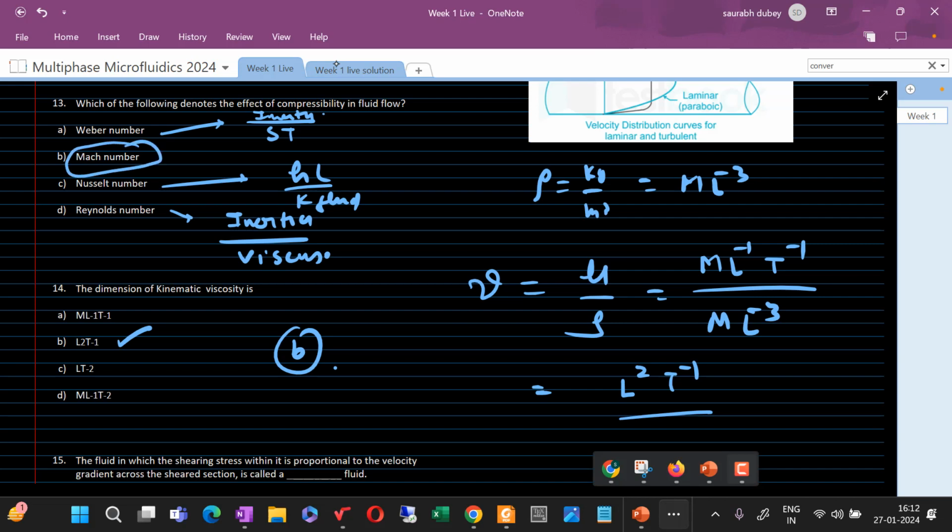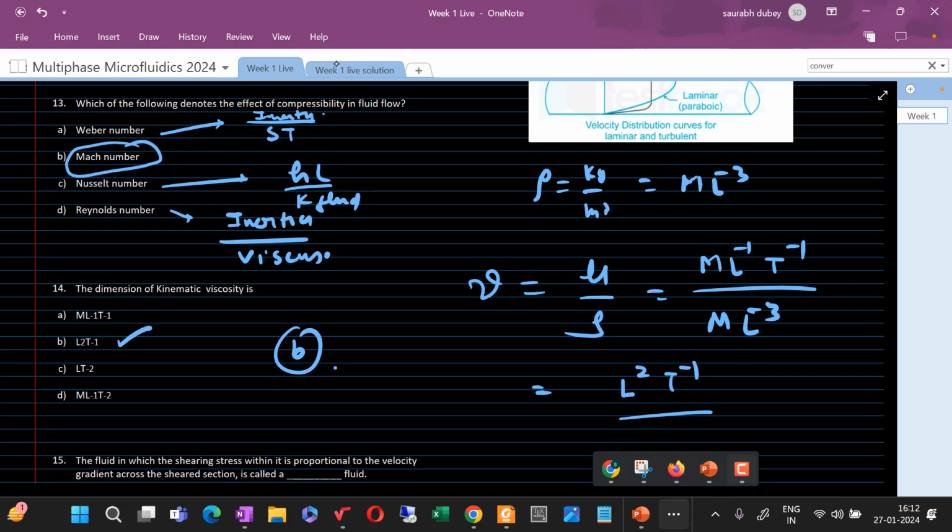So what is the Mach number, and what is the cutoff Mach number above which, below which, or around which you will have the compressible situation, incompressible situation, and so on? The Mach number is V by C, where C is the speed of sound in that medium and V is the velocity of the particle that is moving.